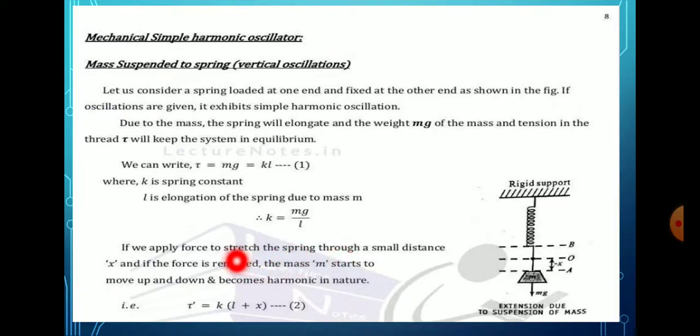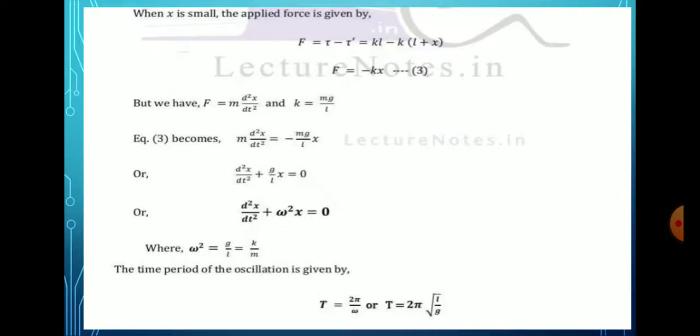Then T dash is equal to k(l plus x), equation number 2. When x is small, the applied force is given by F is equal to T minus T dash, that is kl minus k(l plus x), so F is equal to minus kx, equation number 3.